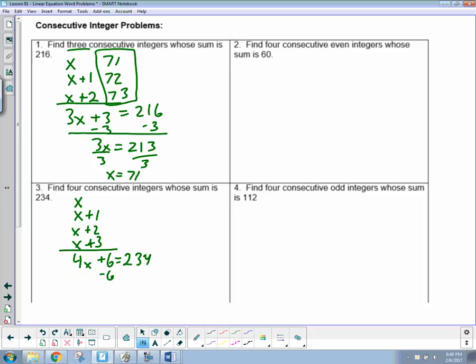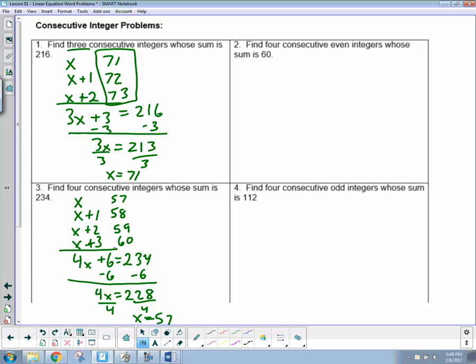So that's 228. Divide by 4. X equals, sorry I'm squeezing it down on the bottom, 57. Remember that's 57, 58, 59, and 60.